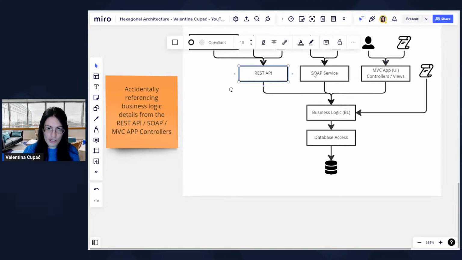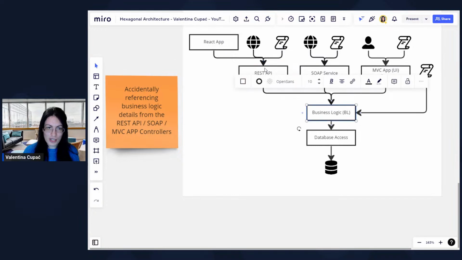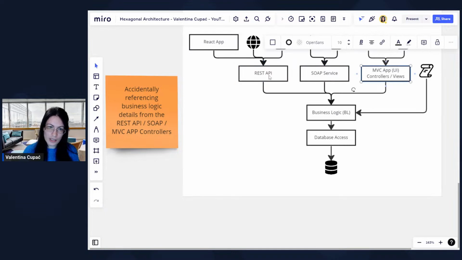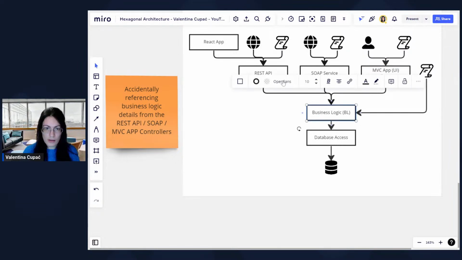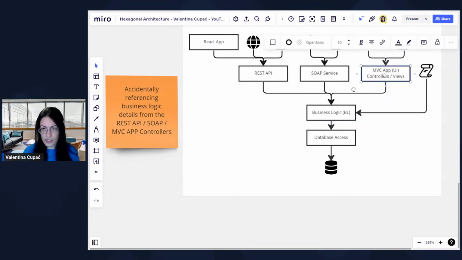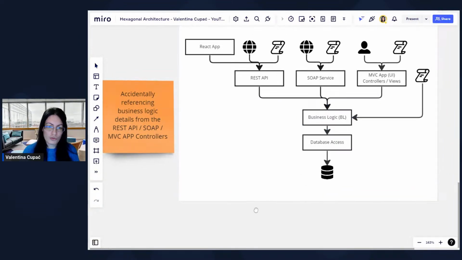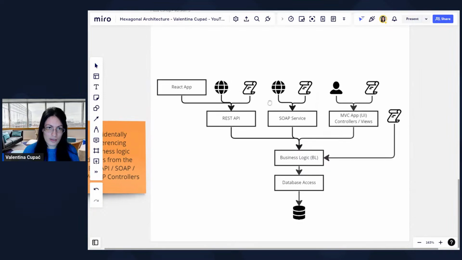So business logic somehow is no longer just here, but it starts being spread out here and here and here. And these ones, the REST API, SOAP service, MVC app, themselves become possibly inconsistent. So the question is, do we really want all of these to directly reference anything from our business logic, or perhaps do we want to restrict the access?